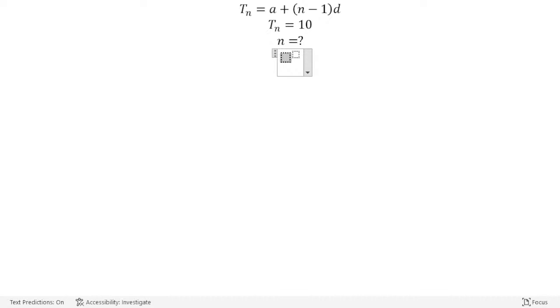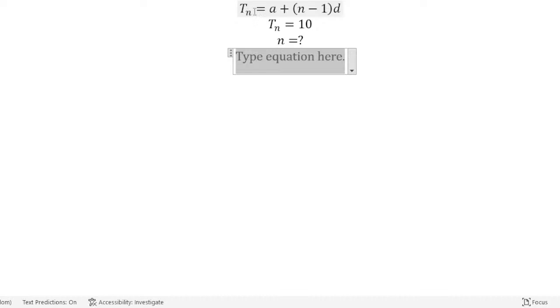Negative 71, negative 68, negative 65 is the first term to exceed 10, right? So what we do here, remember we're substituting Tn.